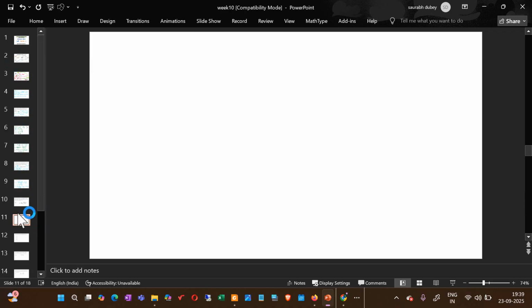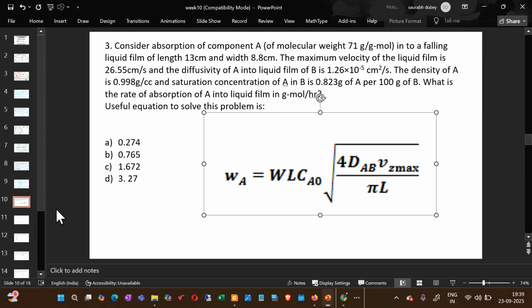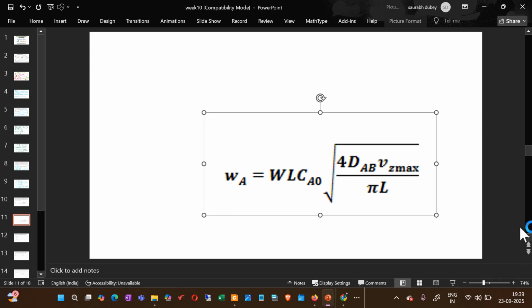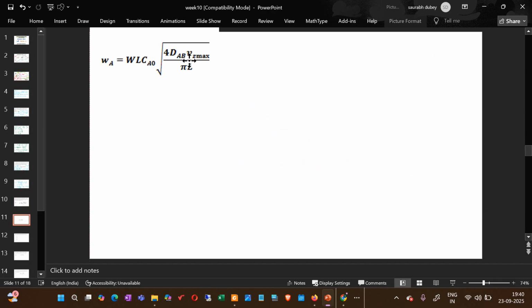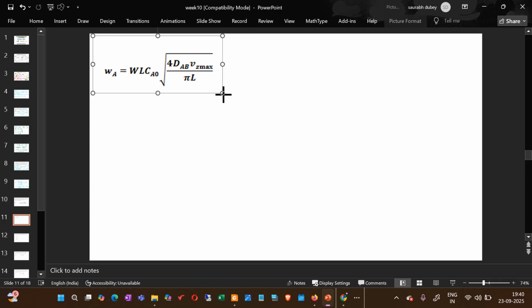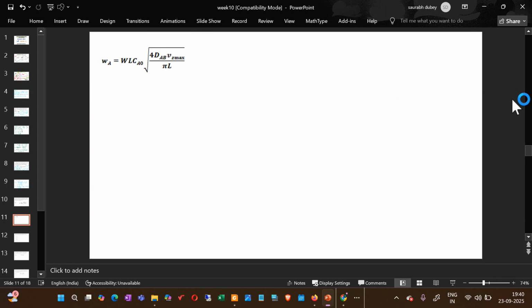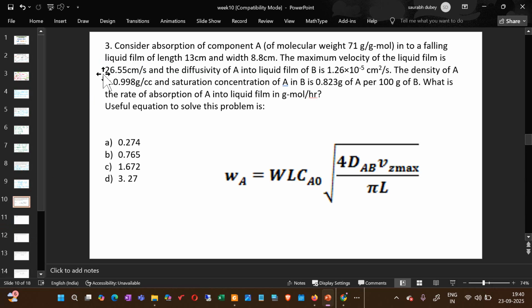So let's take the expression that is given. So we are going to solve this problem, right? So it is given, and you are having this falling thing, right? So if you see, consider the absorption of a gas A of component this into a falling film then A, and with this, right?